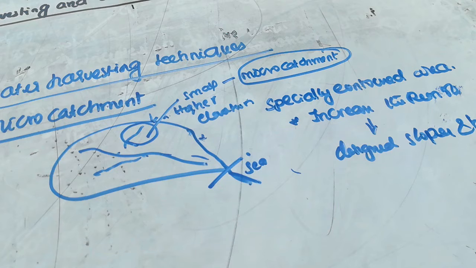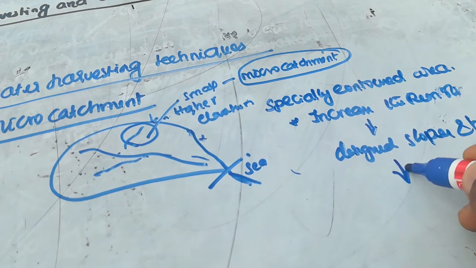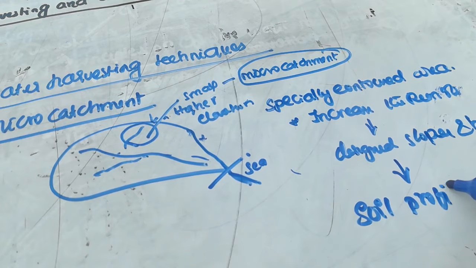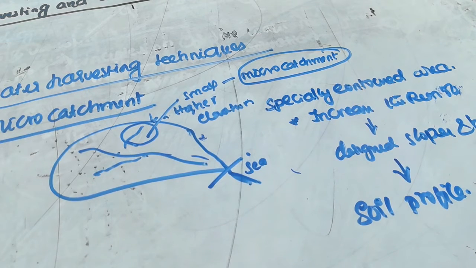So the water is infiltrated and effectively stored in the soil profile. This one is stored in the soil profile, and the water is available to plants but protected from evaporation.